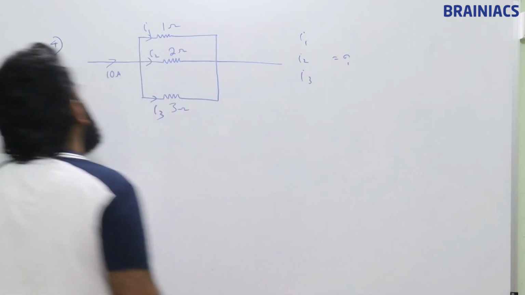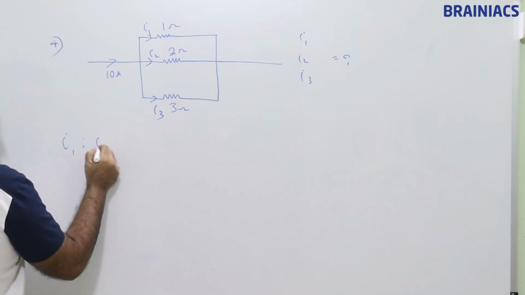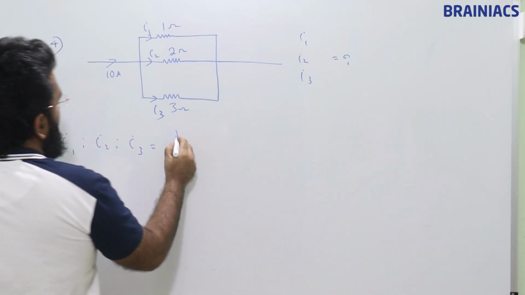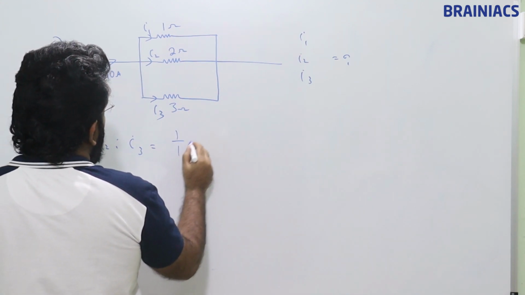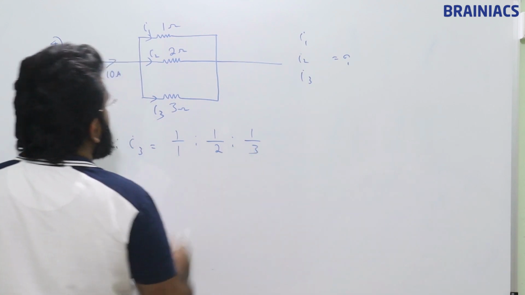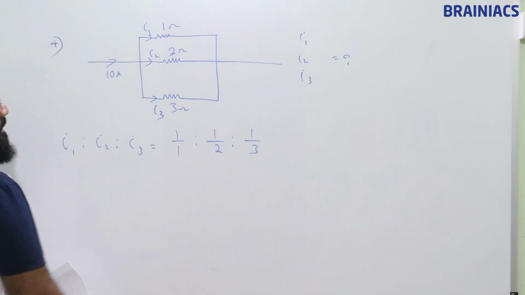Okay, so I use the method: I1 is to I2 is to I3 is equal to 1 by 1 is to 1 by 2 is to 1 by 3. That is, 1 by R1 is to 1 by R2 is to 1 by R3.